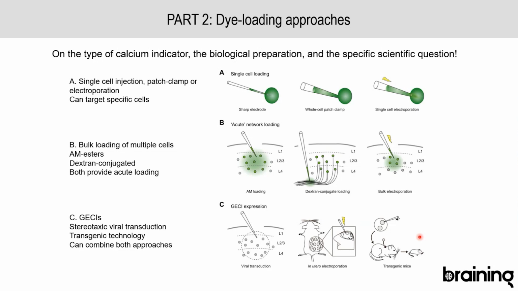So we talked about the calcium dyes. We talked about the ways that we can mark the cells, the ways that we can have these calcium indicators inside the cells to evaluate the calcium.